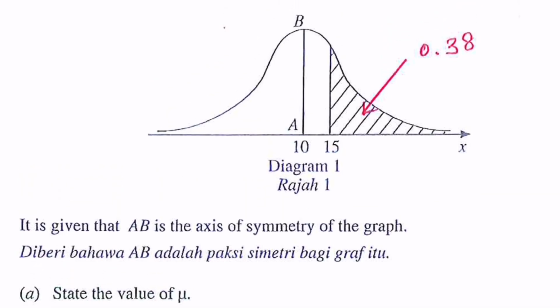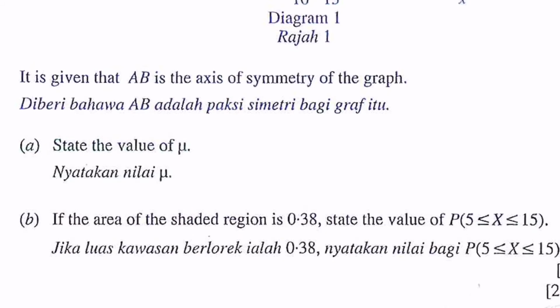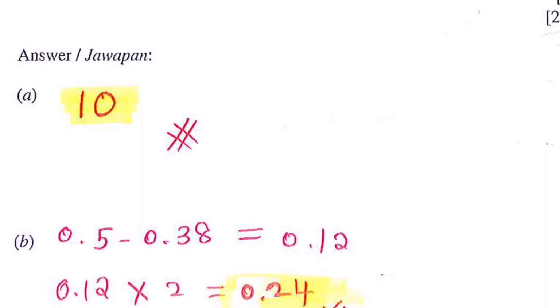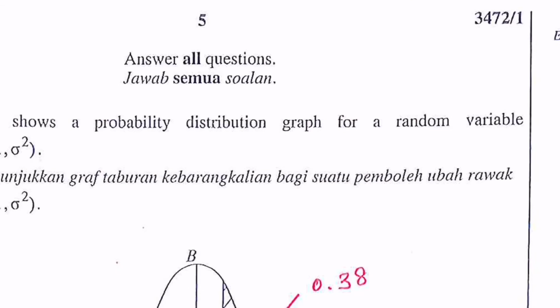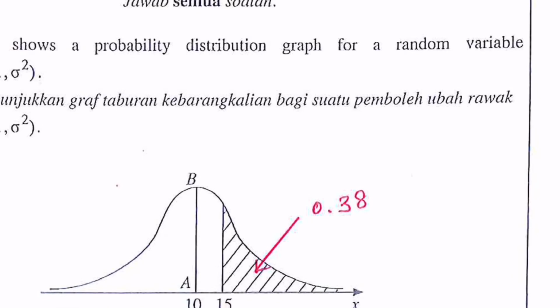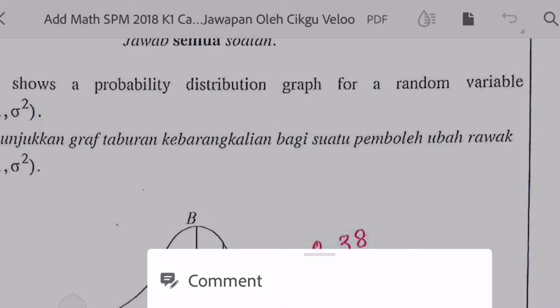First of all, you have to work out the area for x from 10 to 15. Half of the bell has area 0.5, so you take 0.5 minus 0.38, then you get 0.12. And from 5 to 15, you have double the area, which is exactly the same. So your answer is just 0.12 times 2.